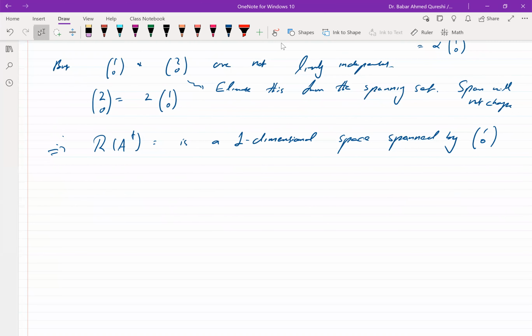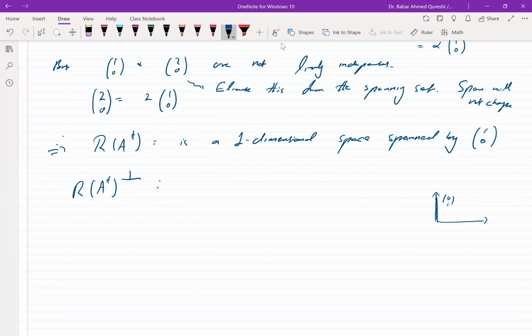Now, what would then be the orthogonal complement? Well, by intuition, I'm in two dimensions, I have this space, then the orthogonal complement is spanned by the orthogonal unit vector, 0, 1.